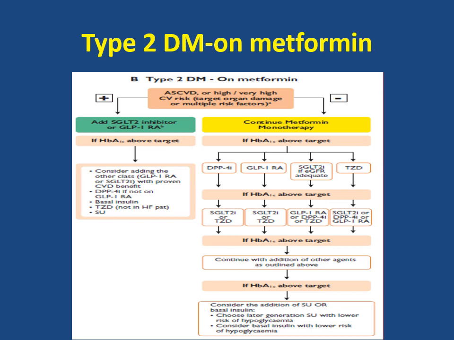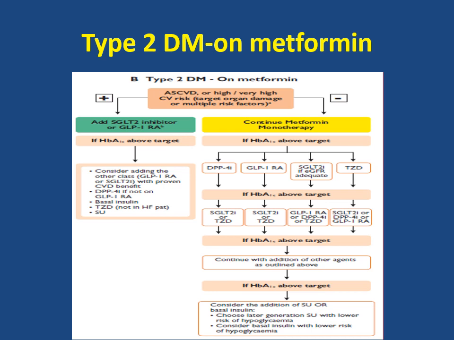If the patient is high risk or very high risk or there is evidence of atherosclerotic cardiovascular disease, we should add on sodium glucose cotransporter 2 inhibitor or glucagon-like peptide 1 receptor agonist.